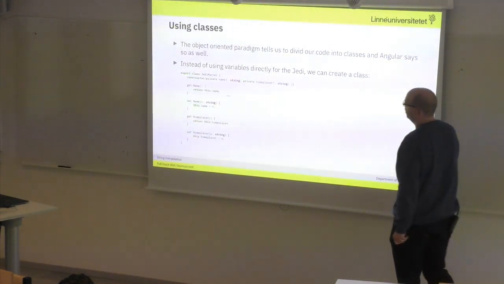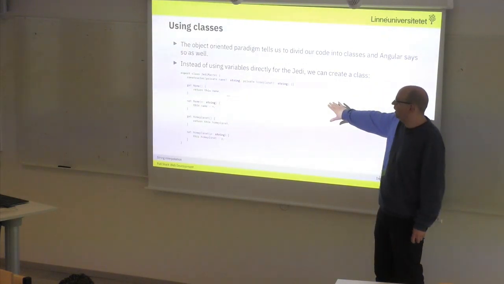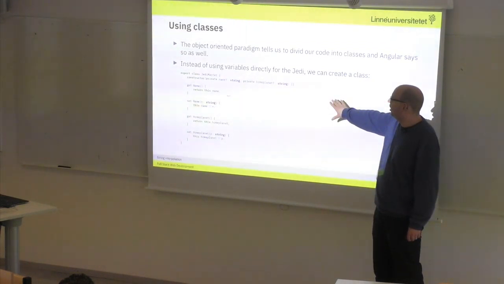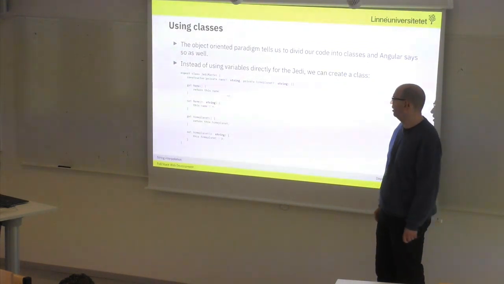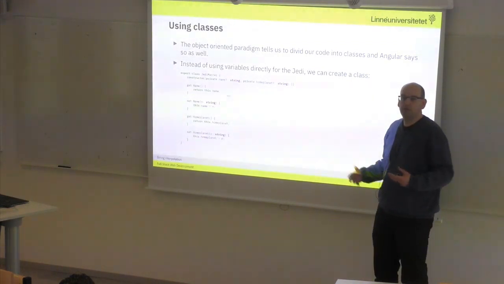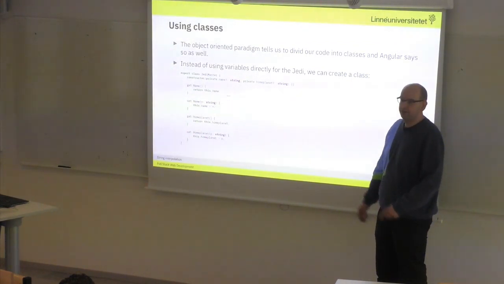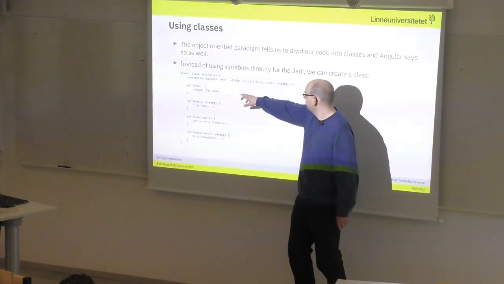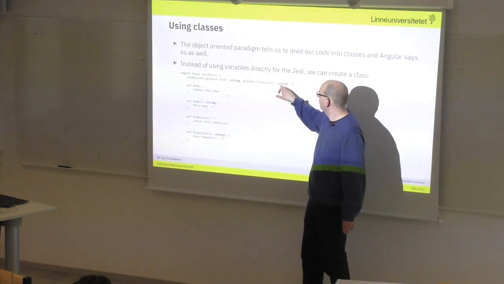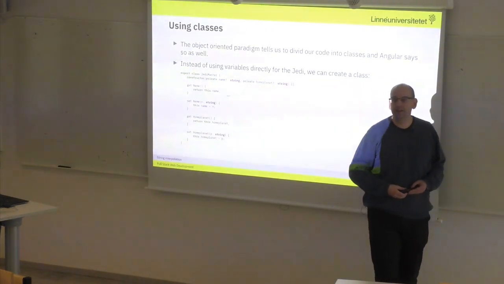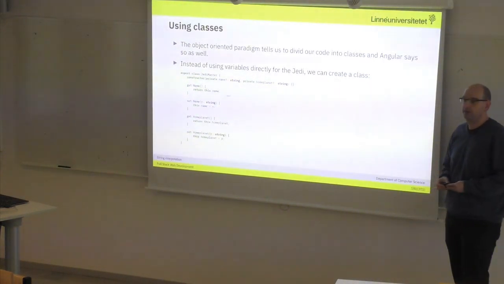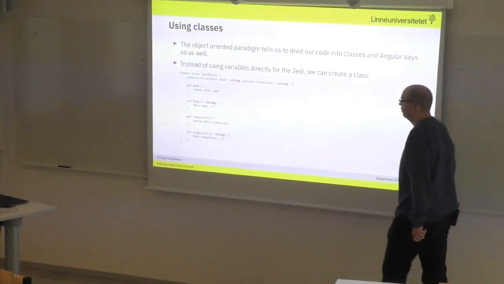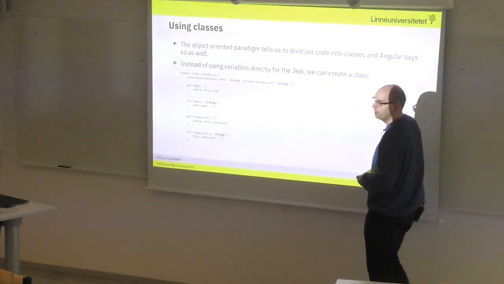So we create, preferably in a separate folder called models or something like that, a class called, in this case, Jedi Master, and we try to utilize all the benefits of TypeScript. We create it with the different fields defined in the constructor like this. Right now we have two fields, namely name and home planet, and we also create getters and setters for this object.